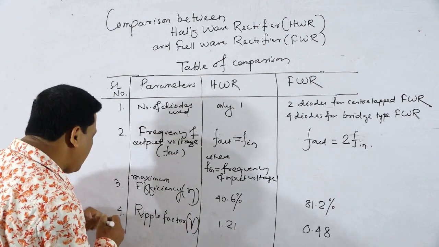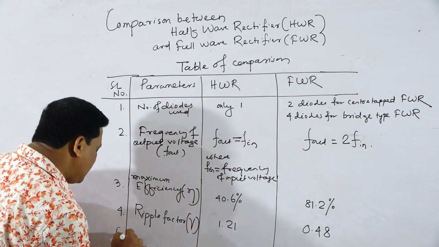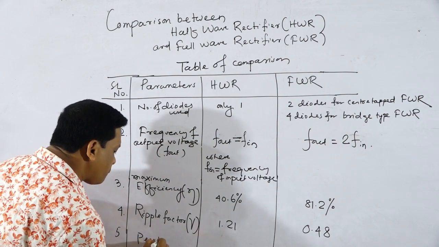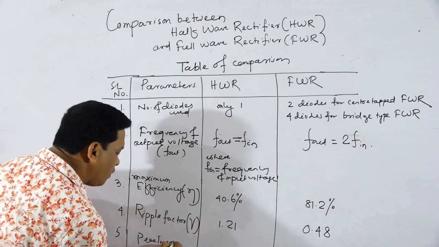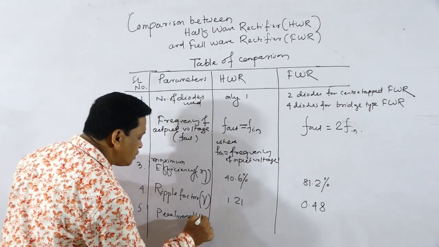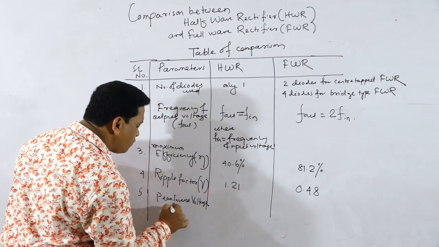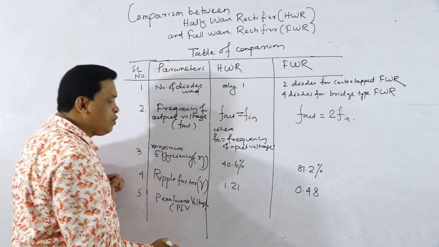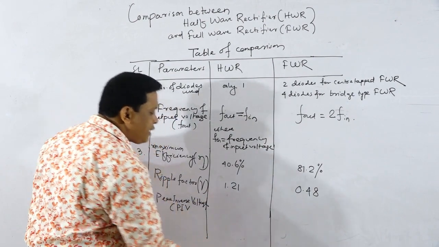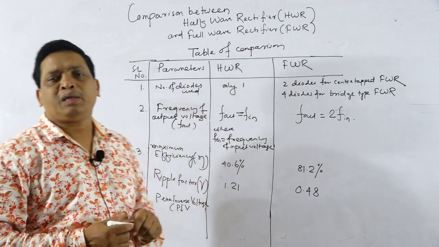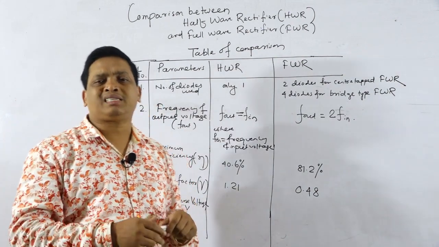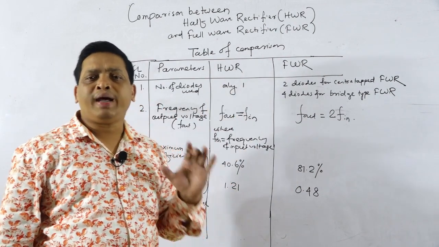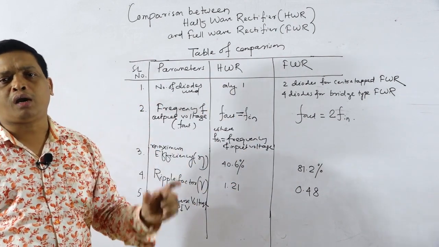Then another thing you can write now, that is peak inverse voltage, abbreviated as PIV. I told you that peak inverse voltage is the maximum reverse voltage to which the diode is subjected when it is not conducting.